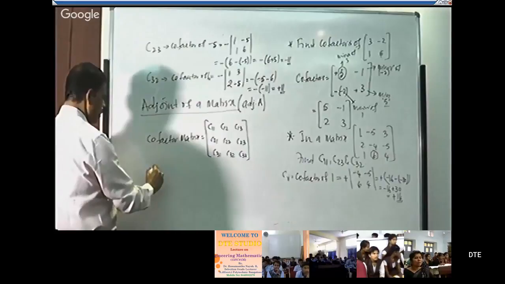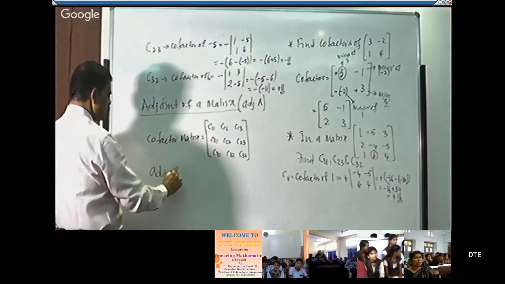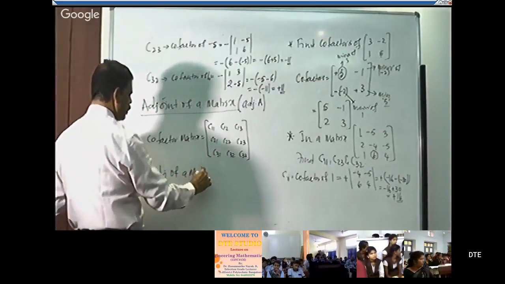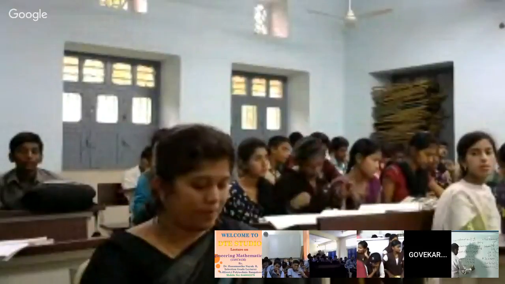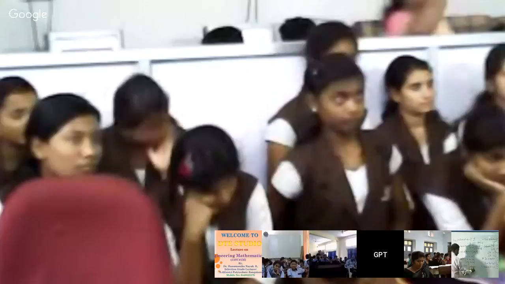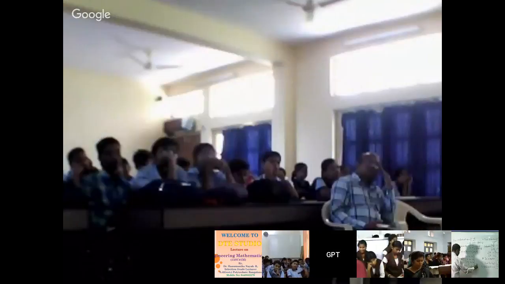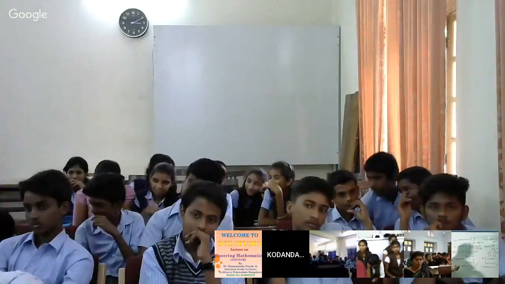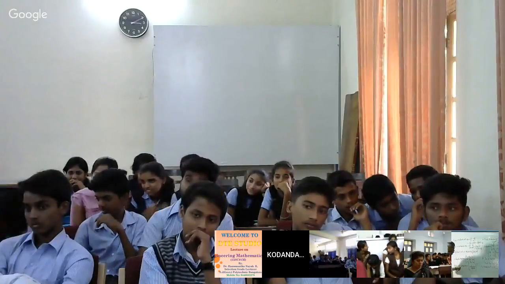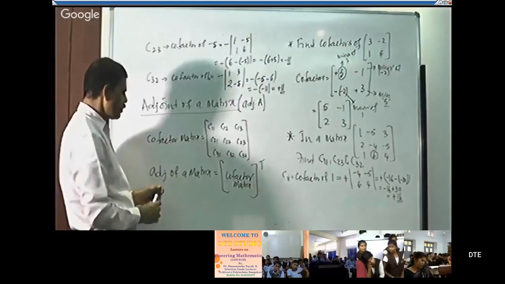Adjoint of a matrix is always the cofactor matrix transpose. If I transpose the cofactor matrix of a given square matrix, that will be called the adjoint of a matrix.